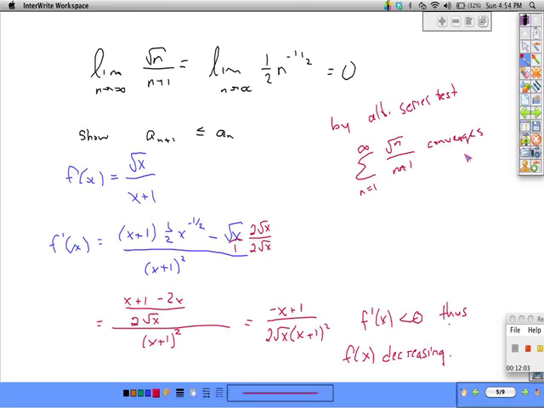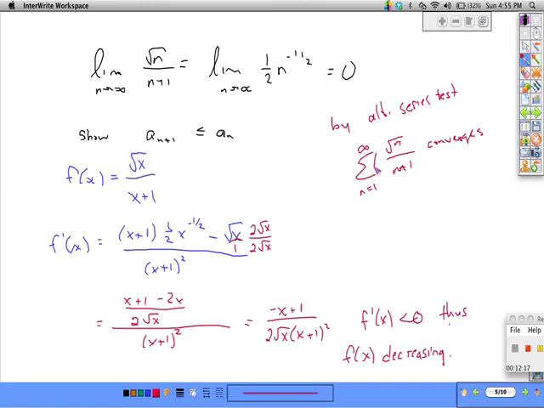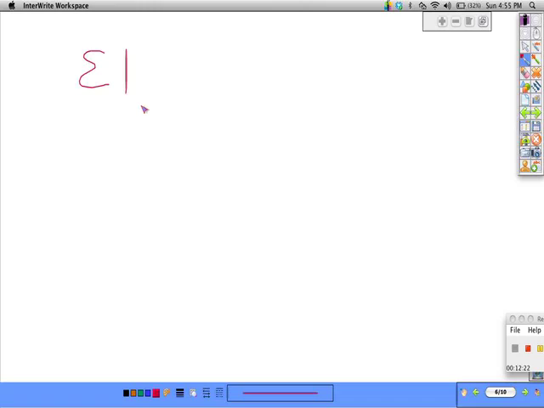The ratio test would have told us if it converged absolutely. I don't know yet. So now I want to look at the absolute value of this alternating series. So I'm looking at n equals 1 to infinity of square root of n over n plus 1.